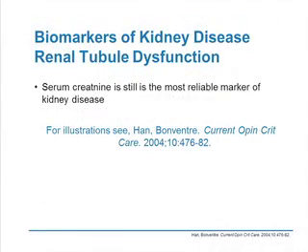There's been a lot of interest and some studies about looking for other markers of kidney disease that are not dependent on serum creatinine. Serum creatinine, as alluded to before, is very good but not perfect. It's generated from muscle, so people of different muscle masses will have a different relationship between serum creatinine and GFR.